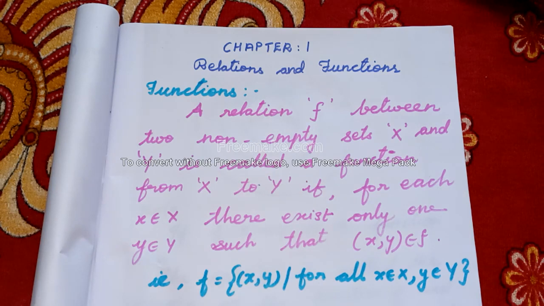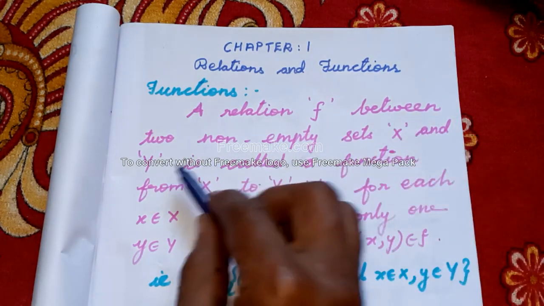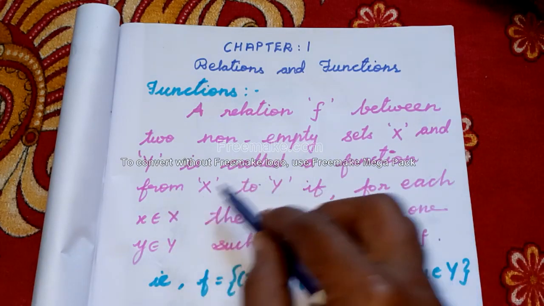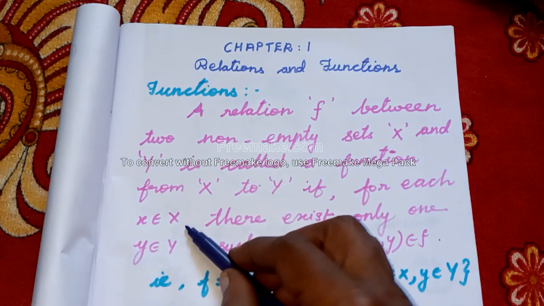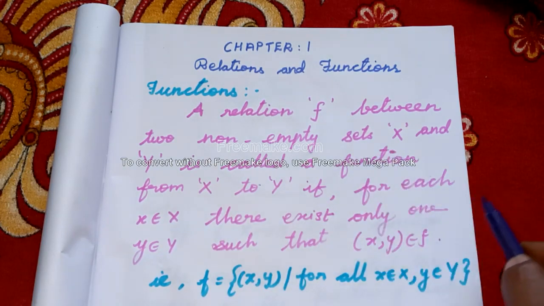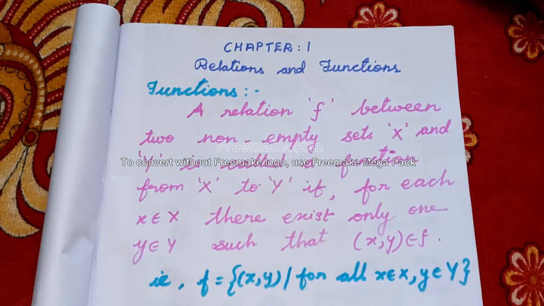Now with an example I am explaining this. What is the function? Function is a subset of relation, is it? What is the definition for function? A relation f between two non-empty sets x and y is called a function from x to y if for each x belongs to x there exists only one y belongs to y such that (x, y) belongs to f.